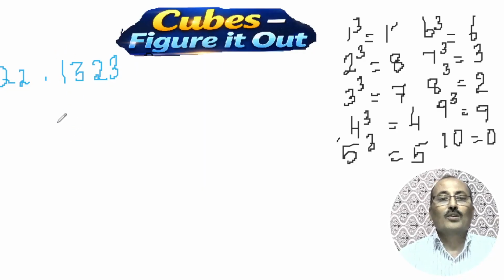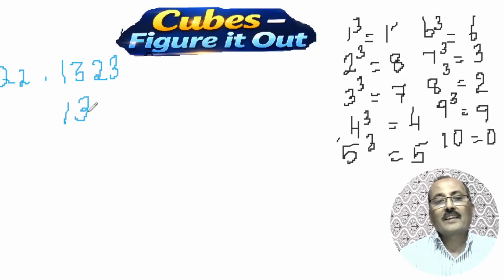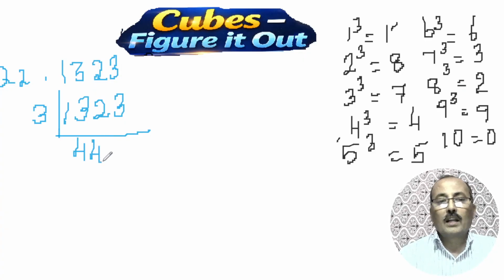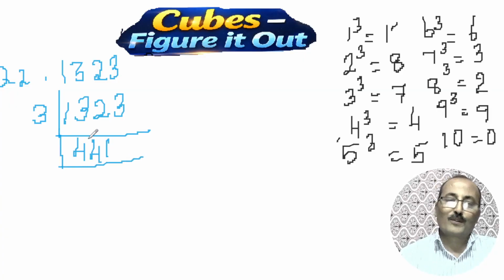So here also you use prime factorization. 1323: 1 plus 3 plus 2 plus 3 is 9, so it is divisible by 3. 3 fours are 12, remainder 1, and again 12 and 1, giving 441. This is 21 squared, I know.